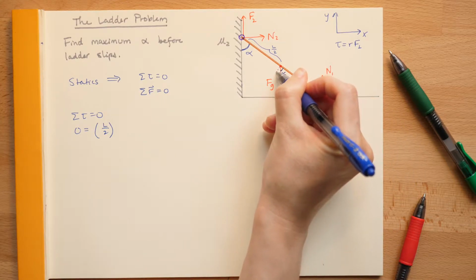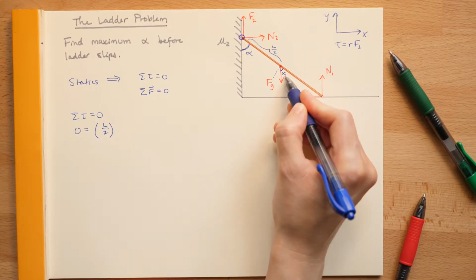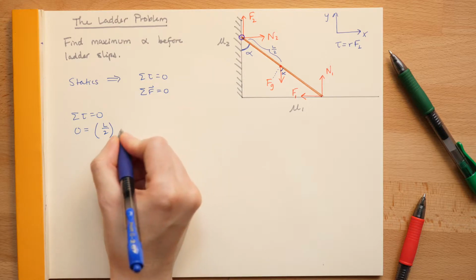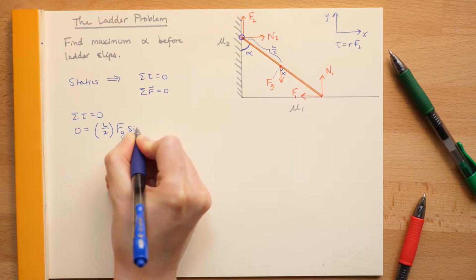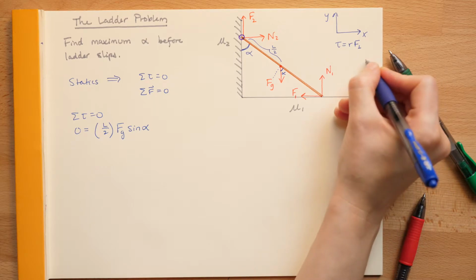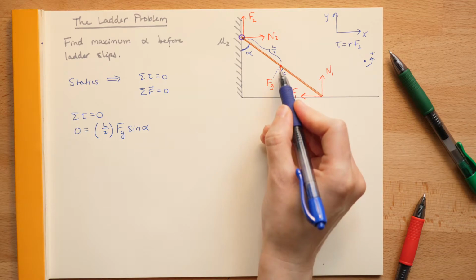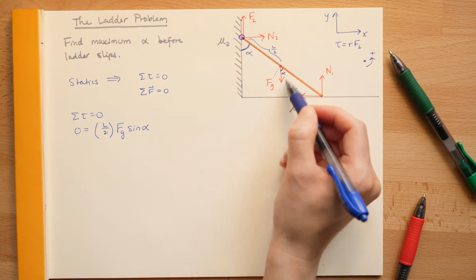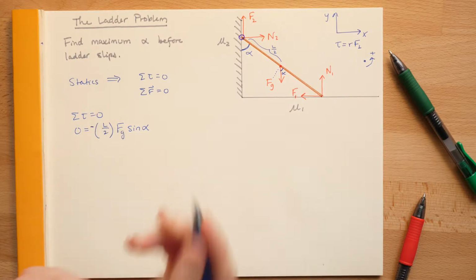So if I want the force perpendicular to the lever arm, I need to use the sine of alpha. So we will put Fg sine alpha. Now, should this torque be positive or negative? Well, let's say that counterclockwise is positive. So this would rotate the ladder around the pivot in a clockwise direction, so this should be a negative torque.